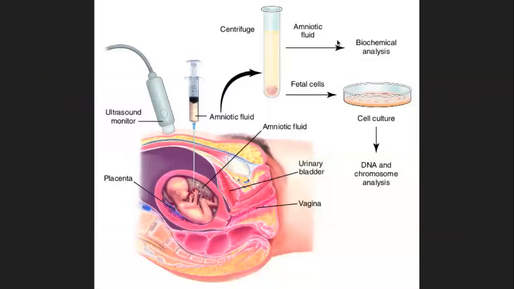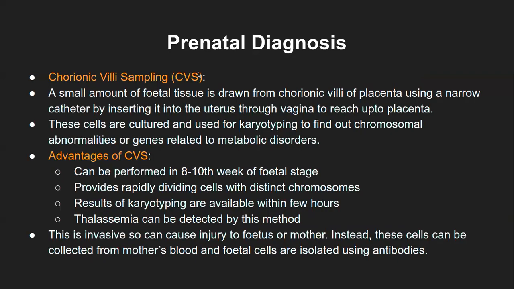So the rest of the portion will remain the same, like this biochemical analysis and the cell culture. It's just the type of cell that is being taken that is different in this chorionic villi sampling.